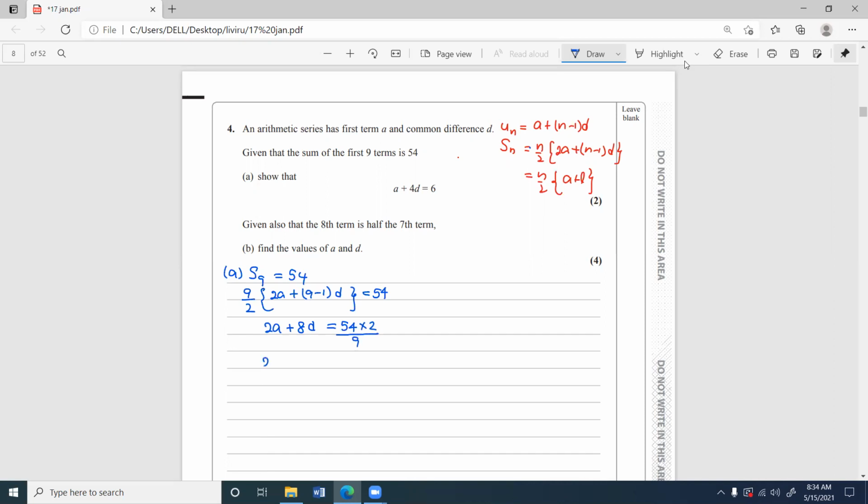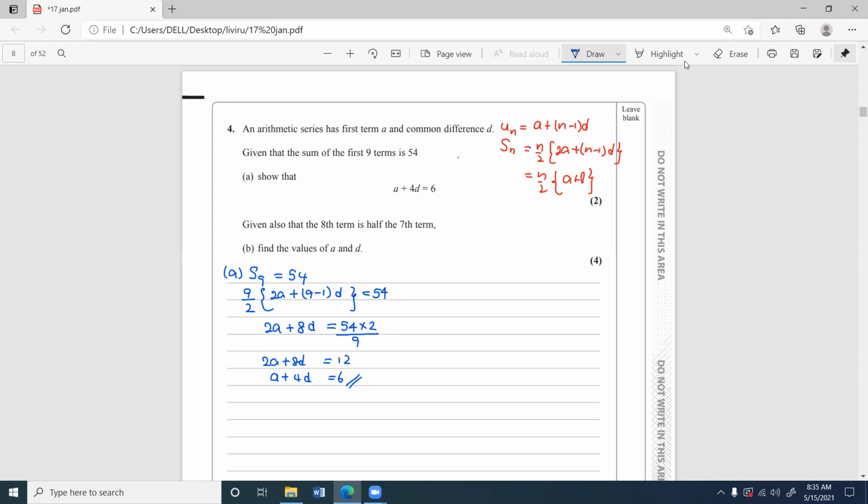Then it turns out to be 2a plus 8d is equal to 12. Then all the terms are divisible by 2. With this, you can say a plus 4d equals 6. This is the answer for part A.